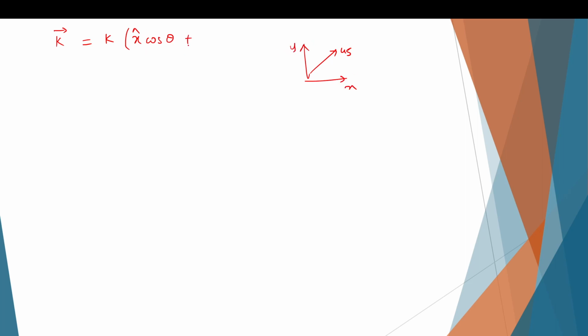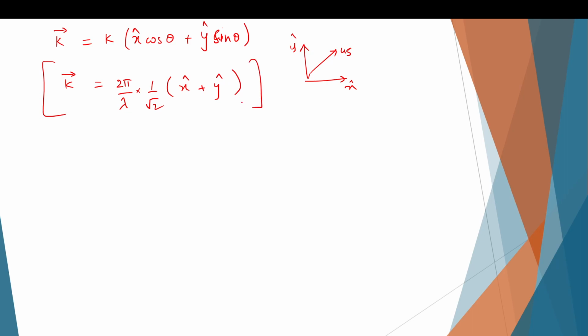You can also write it with i cap and j cap. We already found k, which is 2 pi over lambda, times, since this is 45 degrees, cos theta and sin theta both being 1 by root 2, (x cap plus y cap). This vector will completely give both the magnitude and direction of the k vector.